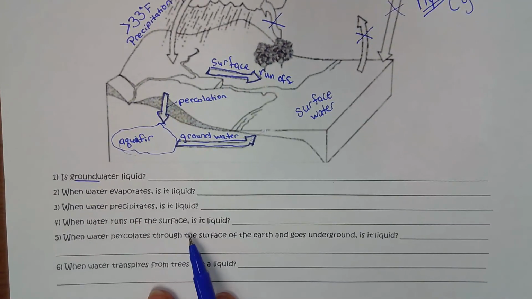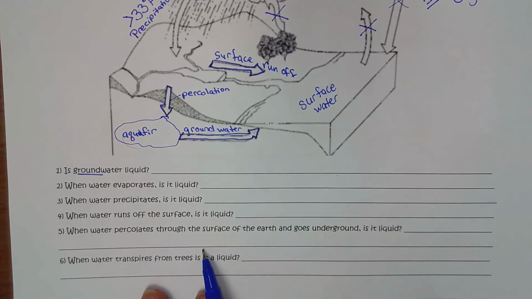When water runs off the surface, is it liquid? When water percolates through the surface of the earth and goes underground, is it liquid? So again, you'll notice these lines are a little long. Why? When water percolates through the surface of the earth and goes underground, it is liquid. Or when water percolates and goes through the surface of the earth and goes underground, it is not liquid.